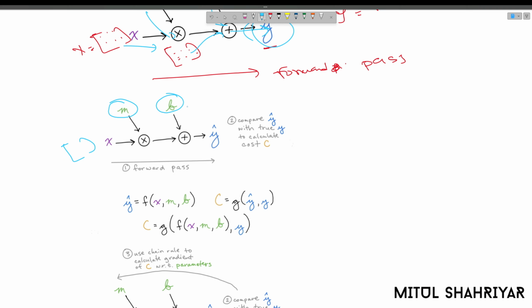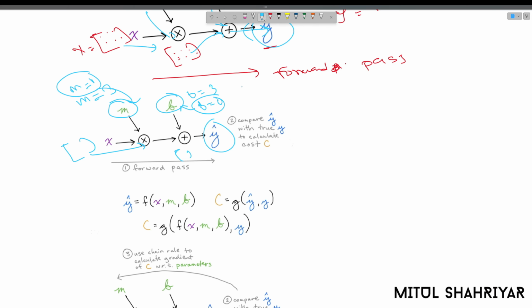Assume that somehow the value of m should have been 3, but we guessed m equal to 1, no problem, and we multiplied with this matrix, then passed this with b. b should have been 3, but we assumed b as 0, for example. We have passed this and we have got some y in general.